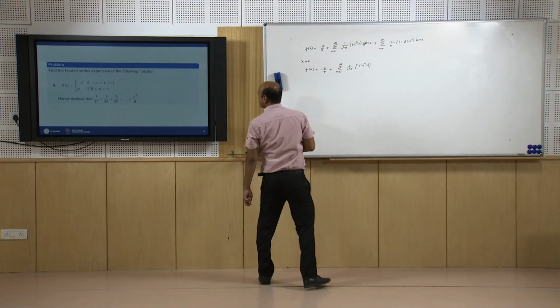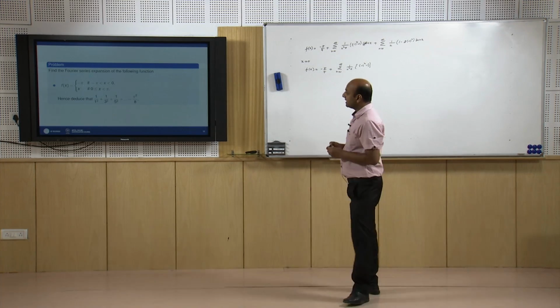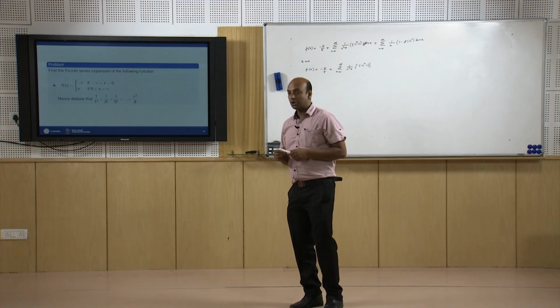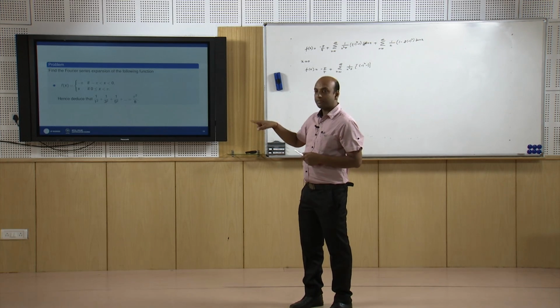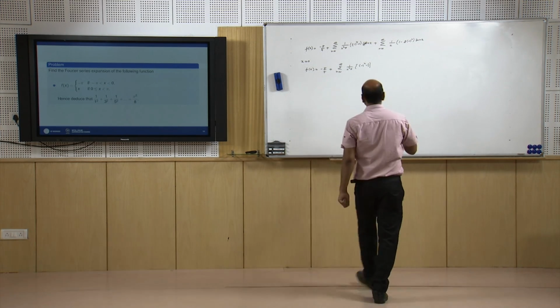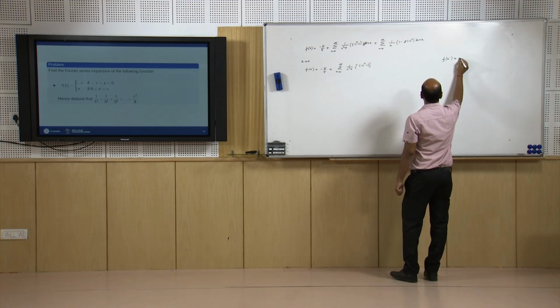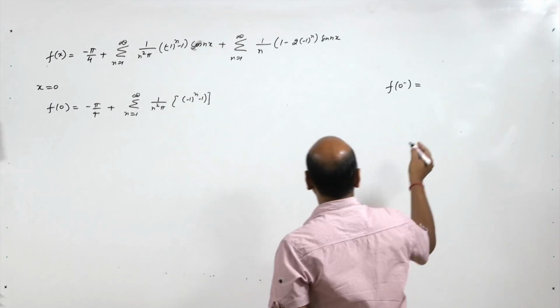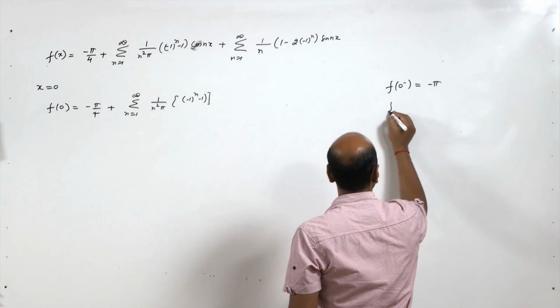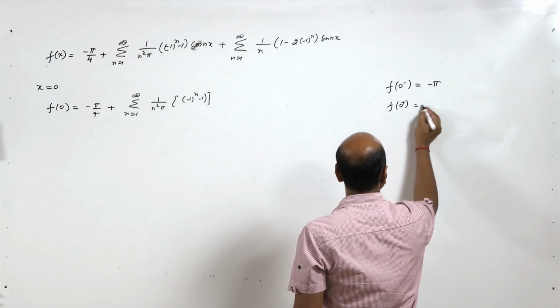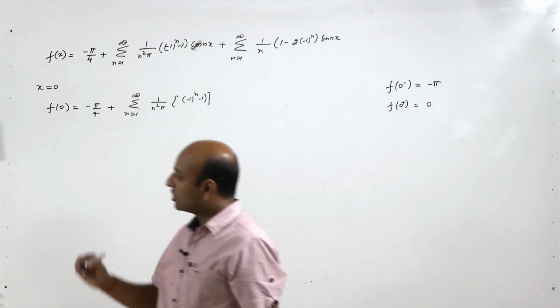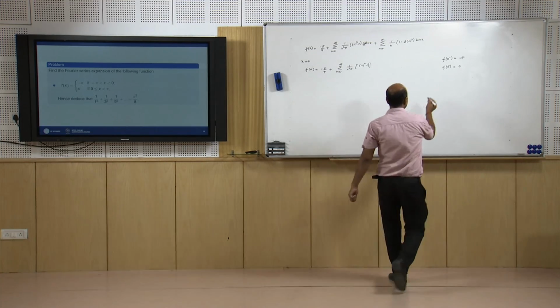Now, what will be f 0? It is not continuous at x equal to 0. The left hand limit is minus pi and the right hand limit is 0, because f 0 minus is minus pi and f 0 plus is 0 by the definition of the function. So, what will be f 0?